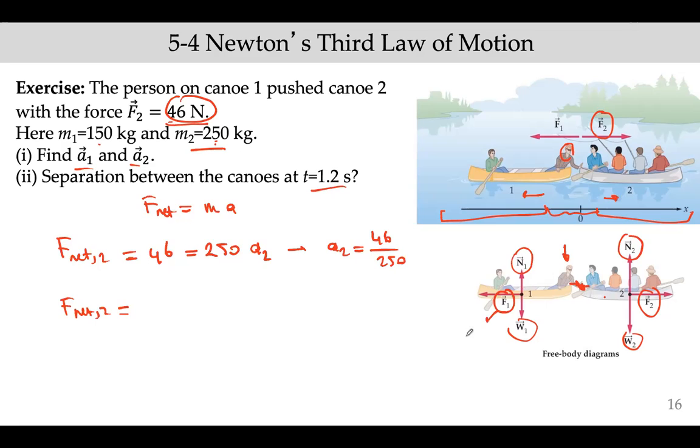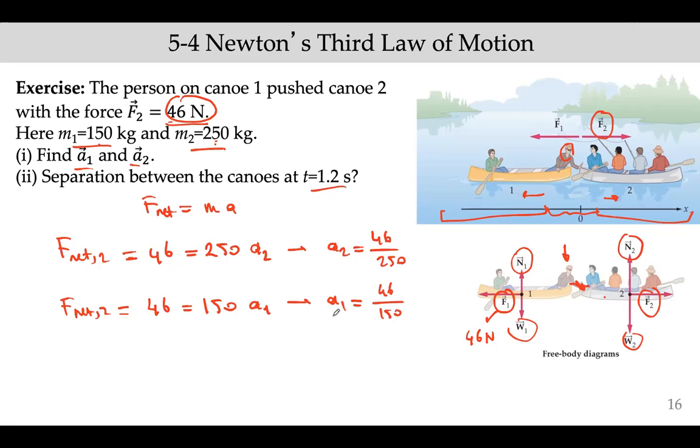So F1 should also be 46 newtons. So this is going to be 46 again. Now the difference is the mass of the first canoe, which is 150 times A1. So the acceleration will be 46 divided by 150.